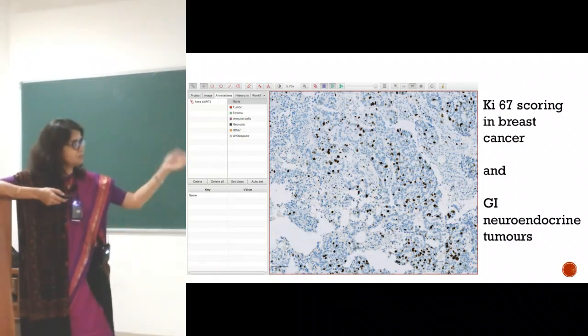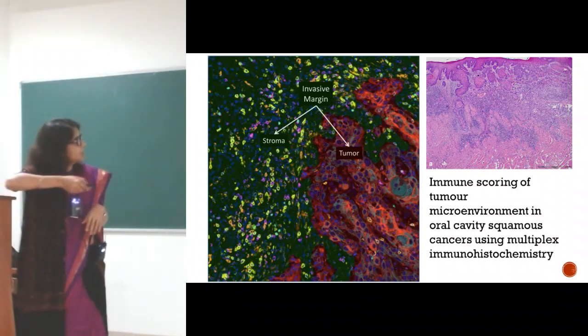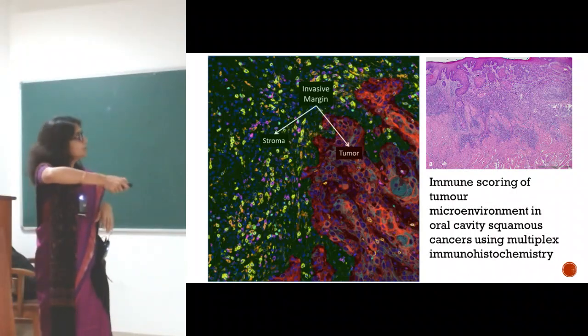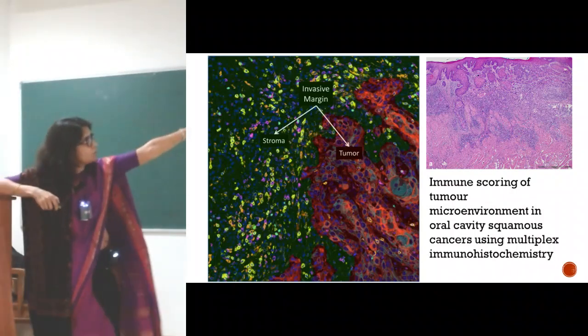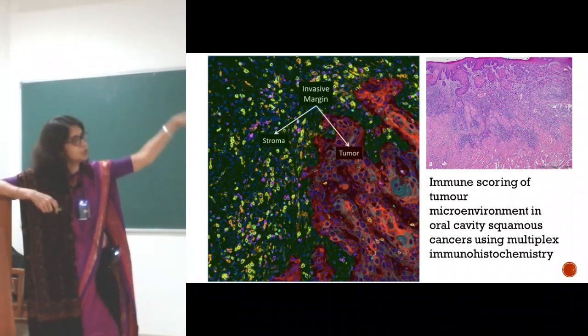So we are trying to see whether the commercial algorithm software we have can do a better scoring than the pathologist. This is another study that we are doing, which is the immune scoring of the tumor microenvironment. Oral cancers, squamous carcinomas have a, so if you can make out anything on that slide, the top part is the epithelium of the oral mucosa, and the tumor cells are going into the stroma.